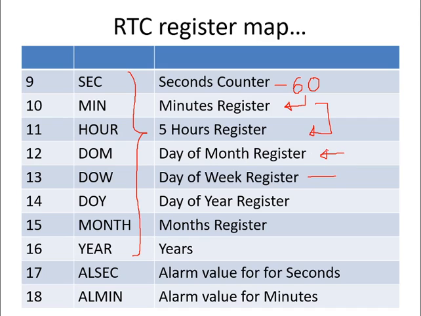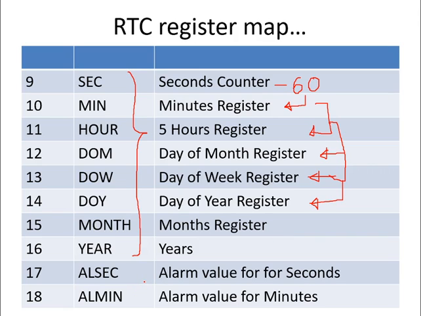After every 24 hours, it is going to increment these two things. Rather, day of the year is also incremented. So these three counters will be incremented after 24 hours are counted by the register. Then months, after counting the days of the month, which will increment the month. And then the years.